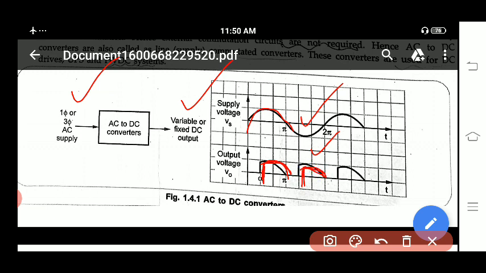This is the controlled positive voltage. Means in this cycle and this cycle you will not get a complete positive cycle. Instead, you have a controlled positive cycle. This is an AC to DC converter.